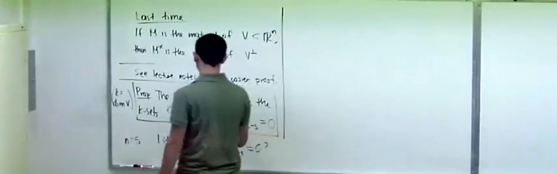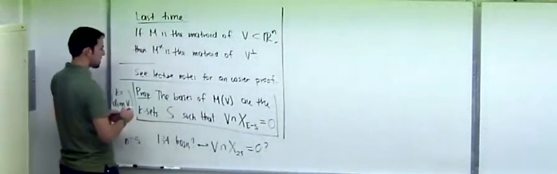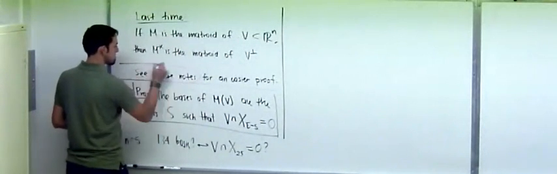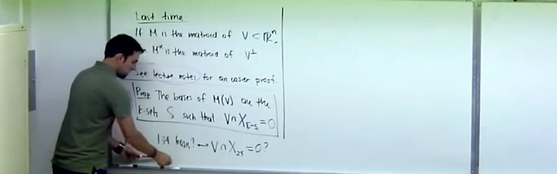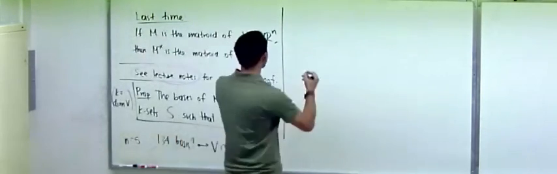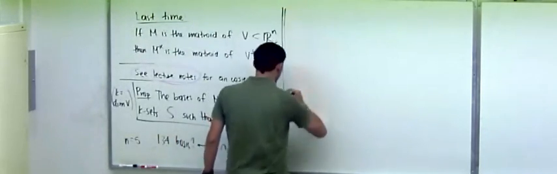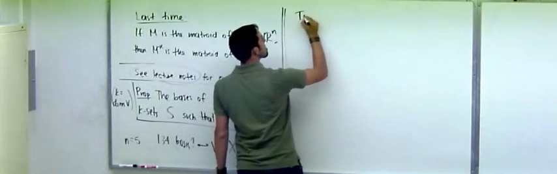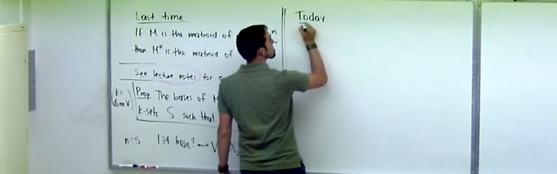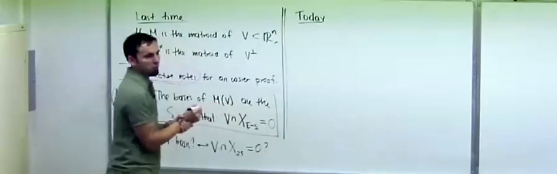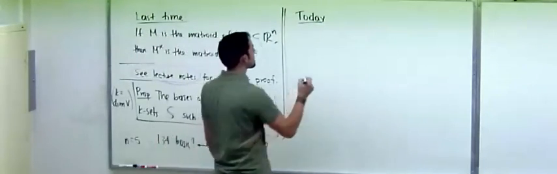But the point is, you should see the lecture notes to see all of this. The proof is in there, okay? And so today what I want to do is talk about duality in graphs.